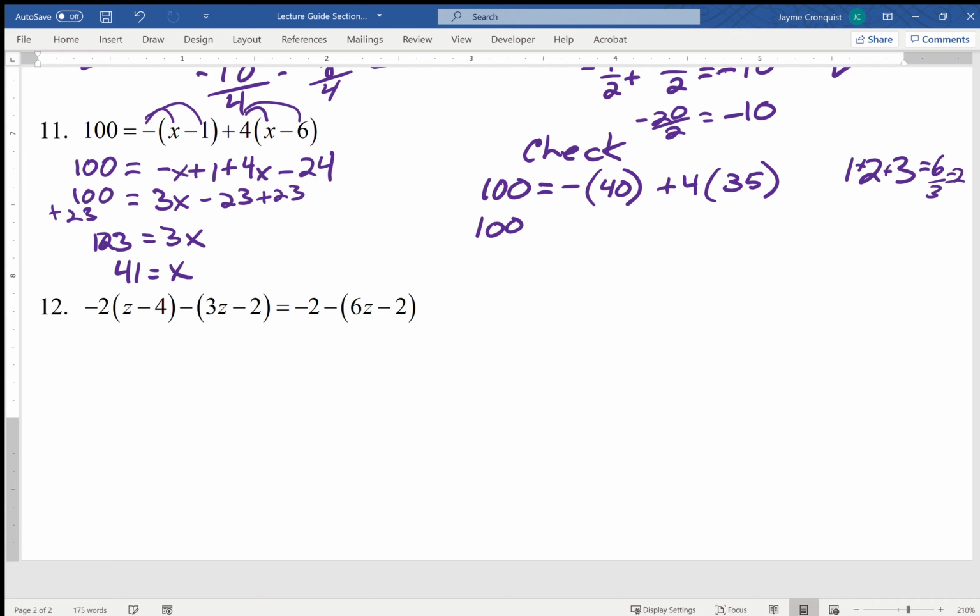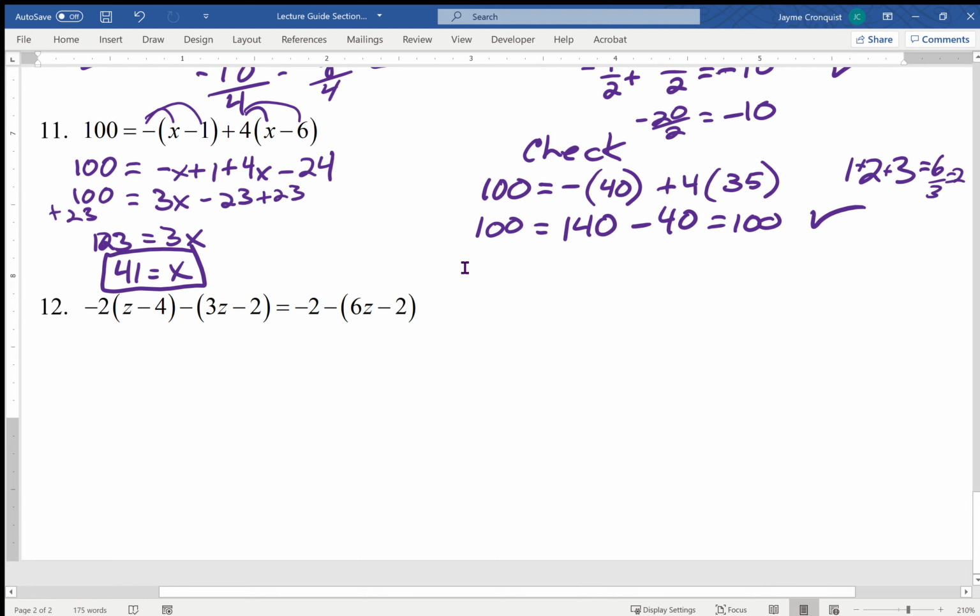Okay, so 100 equals, let's see, 4 times 35, 4 times 3 is 120, 4 times 5 is 20, so 140. 140 minus the 40. Sure enough, that is 100. So yes, it does work. So 41 is my value for x. All right. Oh, we're all down as far as we can go.